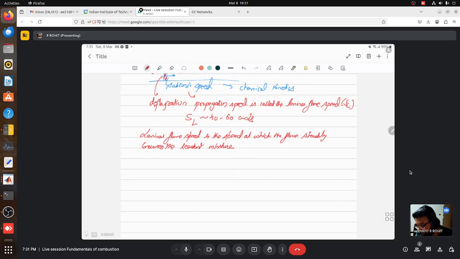When the reference frame is attached to the flame itself, where you are sitting on the flame, it is the speed with which the reactant mixture approaches the flame in the direction normal to it. You need to remember the word normal to the flame. That's very important.